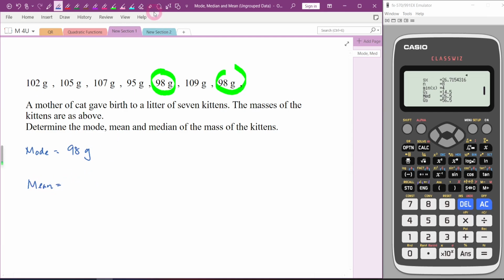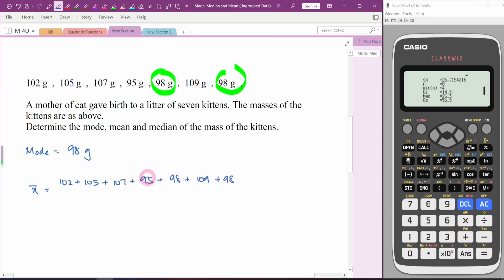You can write this or use a symbol for mean, x bar. Okay, this is a symbol for mean. 102 plus 105 plus 107. Okay, so you don't have to arrange this, it's okay, just follow the sequence like this. 98, 109. Okay, after writing all the data, make sure all the data are written correctly. 1, 2, 3, 4, 5, 6, 7.